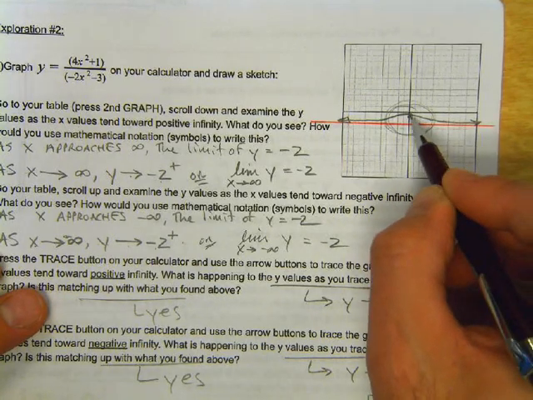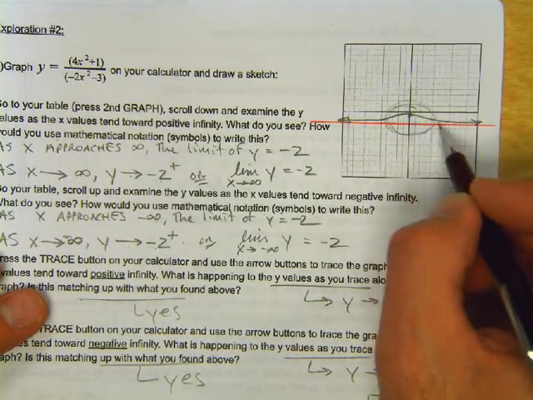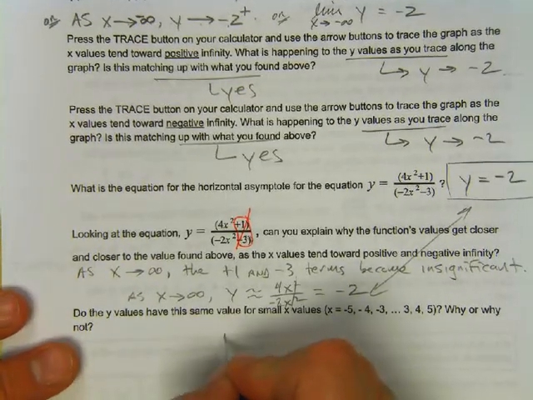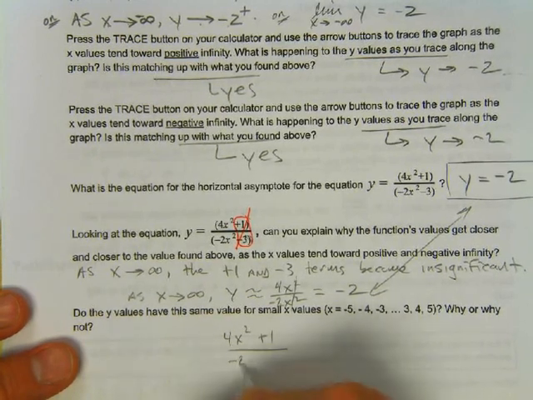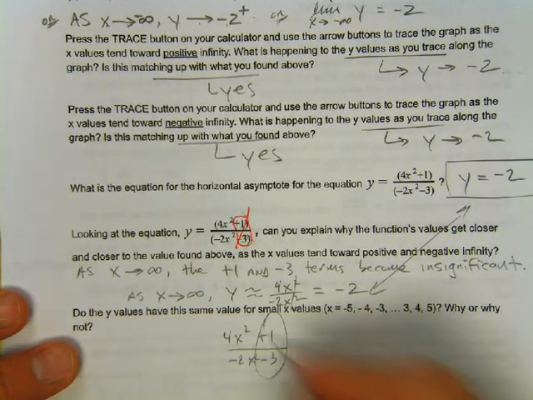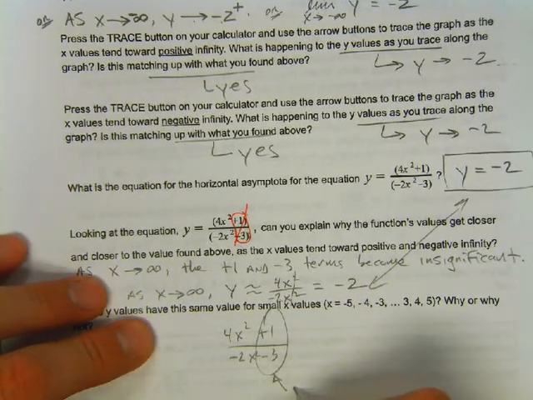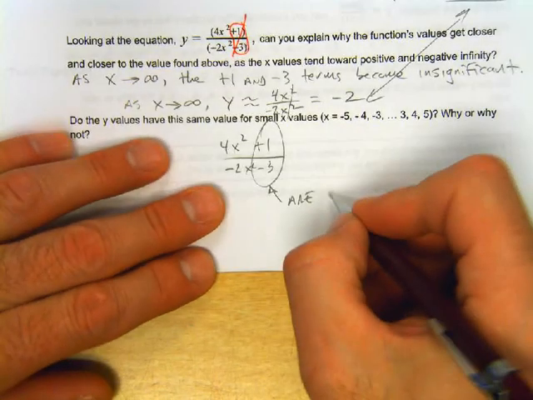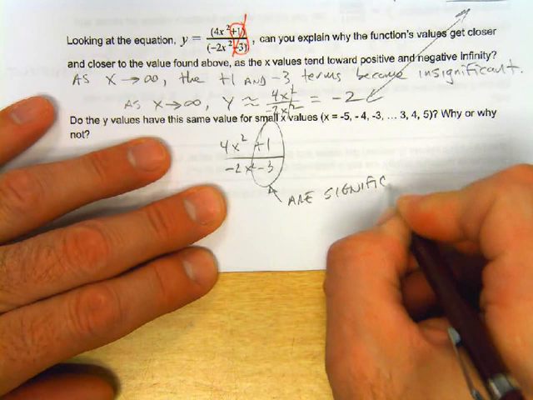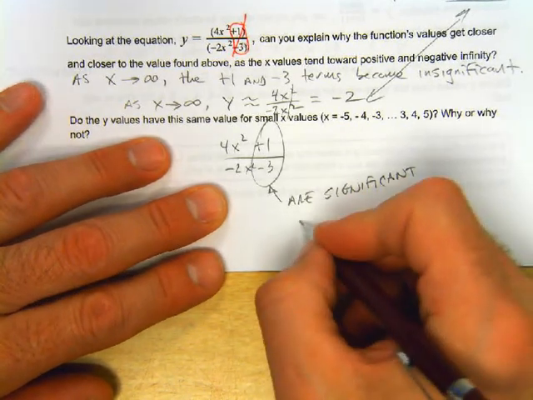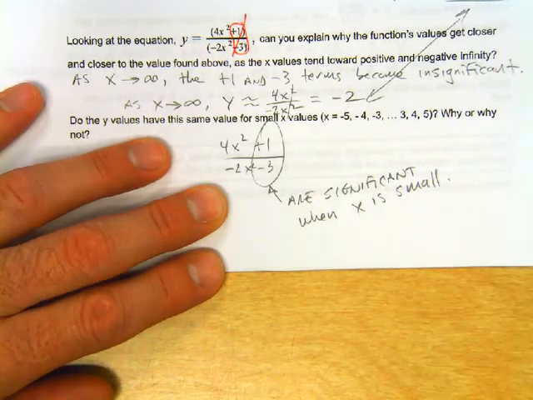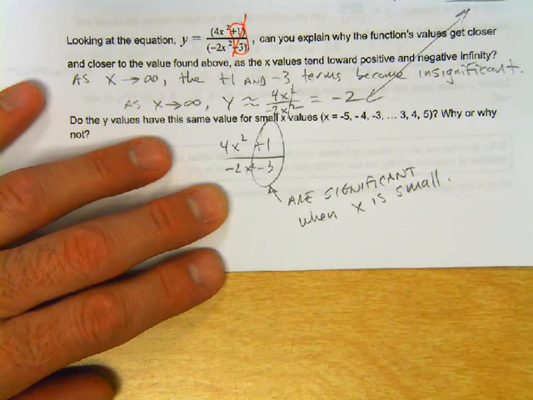Now, in this region right here where the x values are small, how come the function doesn't look like the asymptote? Well, in 4x squared plus 1 over negative 2x squared minus 3, those numbers right there are significant, they are meaningful when x is small.